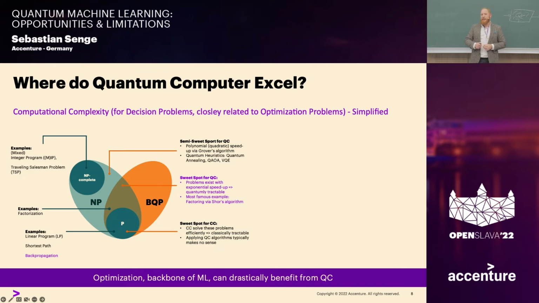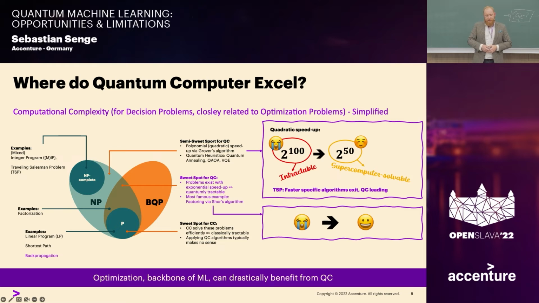That does not mean that we can get an exponential speed up for all of the problems on the left side, which are not NP-complete, but at least theoretically it's possible. And for a couple of problems, we already know quite some good algorithms.